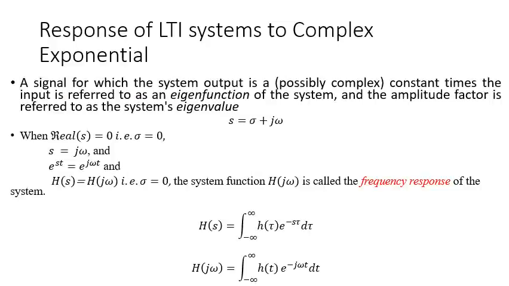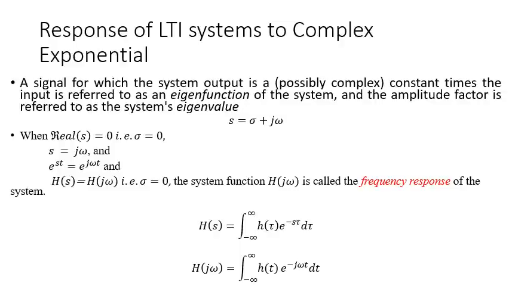Again, just the repetition: a signal for which the system output is a constant times the input is referred to as an eigenfunction of the system, and the amplitude factor is referred to as the system's eigenvalue.